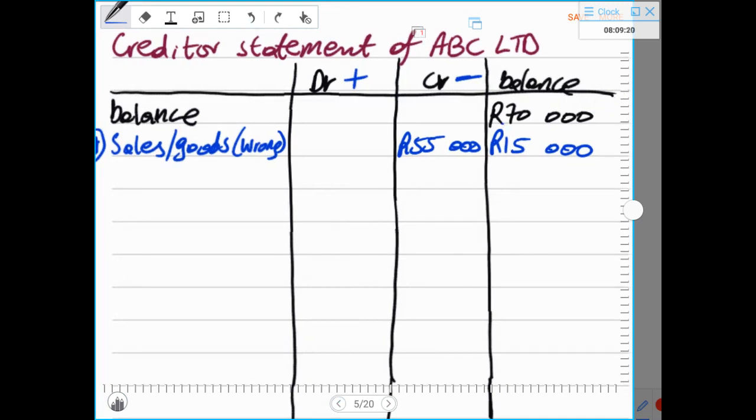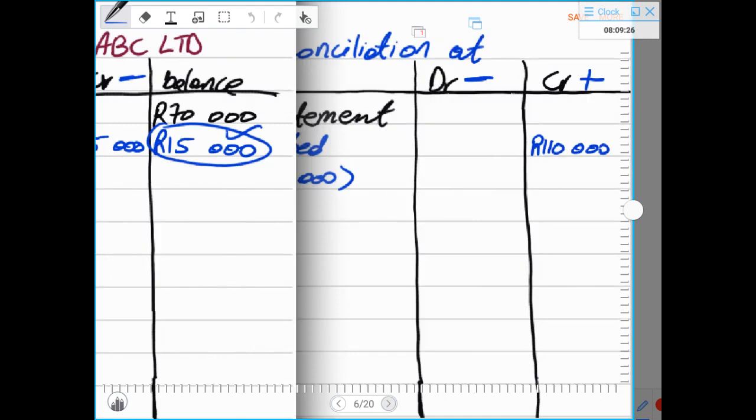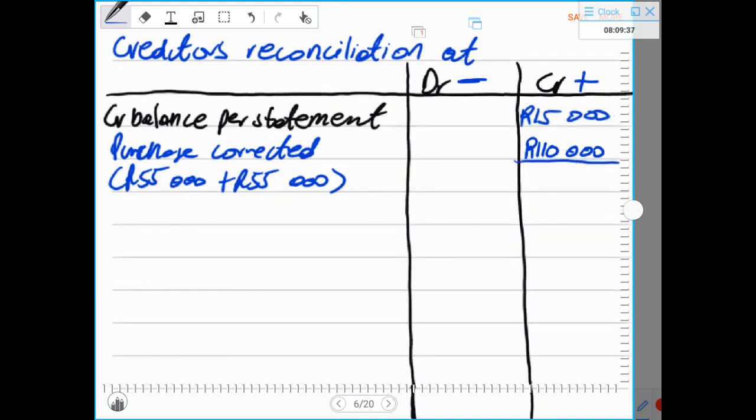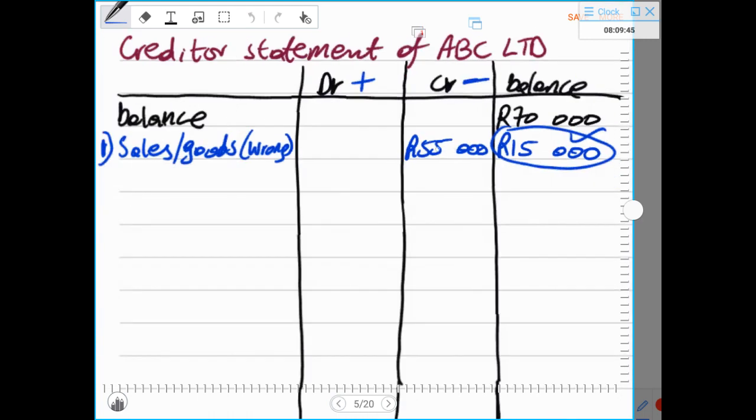Therefore, if this was the only transaction that we had, that would mean 15,000 was going to be a balance in the reconciliation here. This was going to be an opening balance if this was the only entry that we have. And 15,000 plus 110,000 gives us 125,000, which is the correct balance had the 55,000 been recorded on this side.